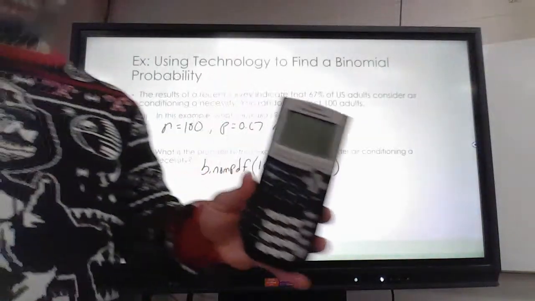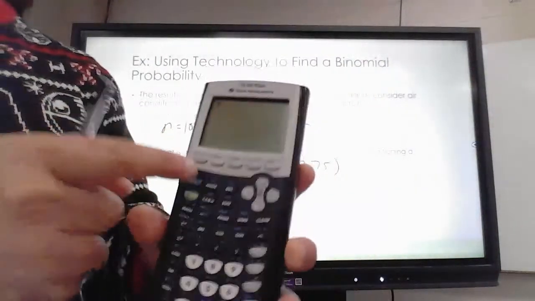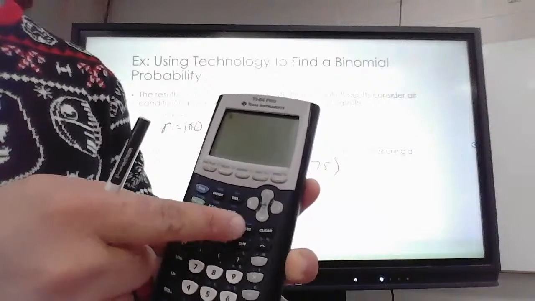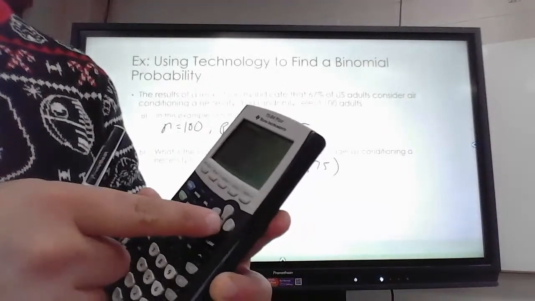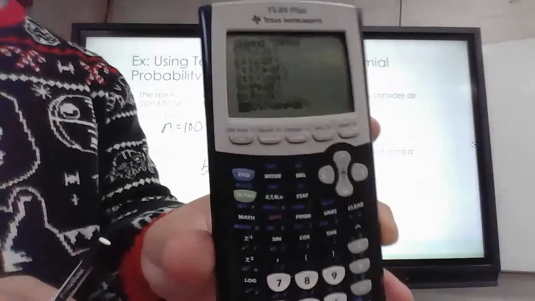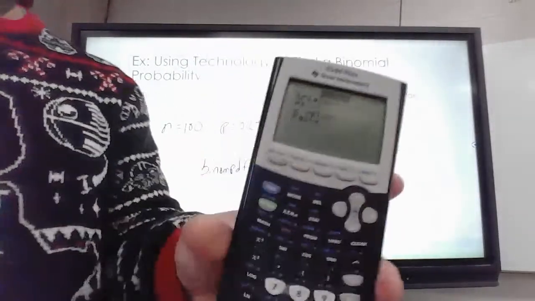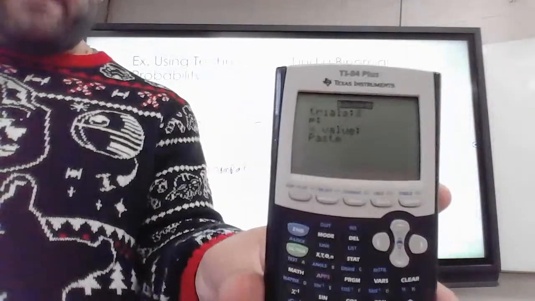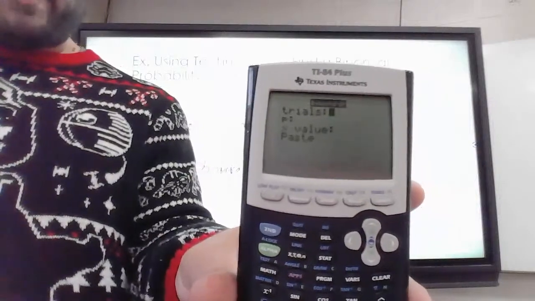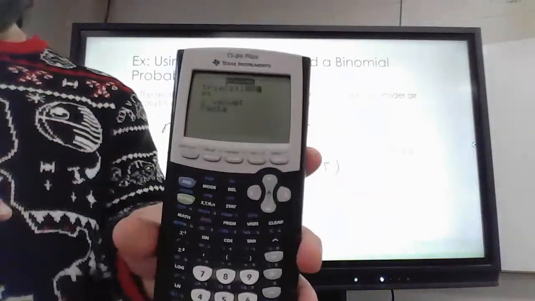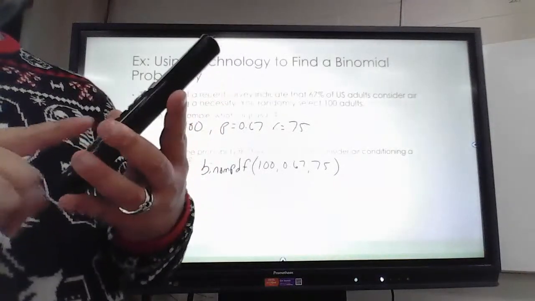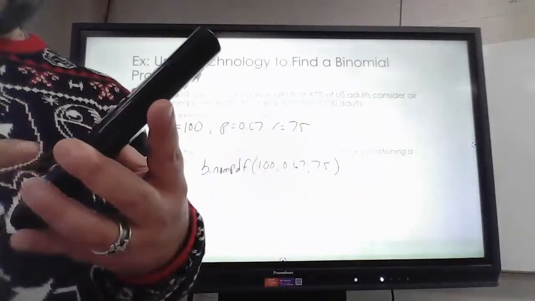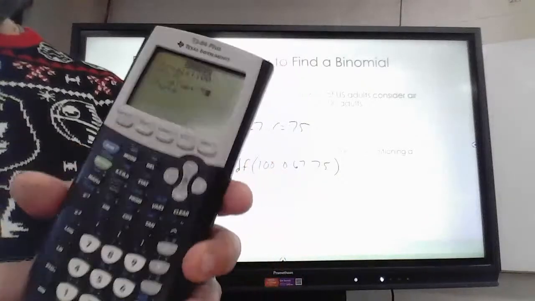So in my calculator, I'm going to press second variables, scroll down until I get to binomial PDF, enter. Now this calculator has the menu for it. So I'm just going to type in the values for each part of the menu. How many trials do I have? 100. What's my value of success? 0.67. What's my X value? 75.